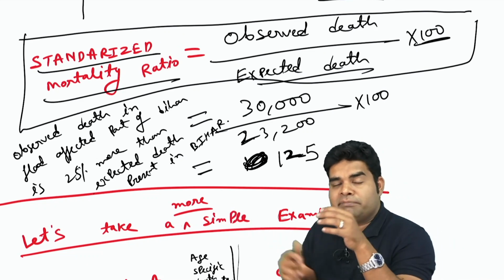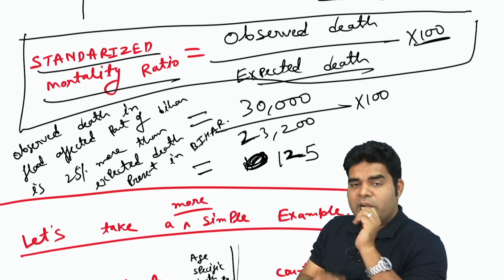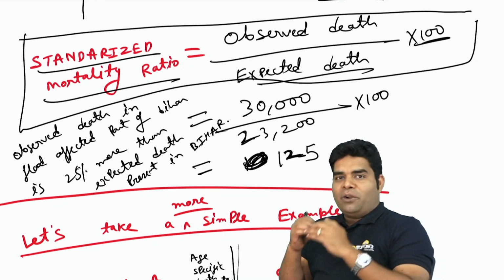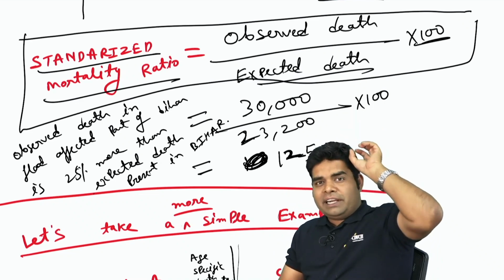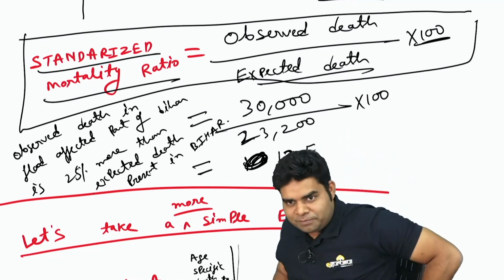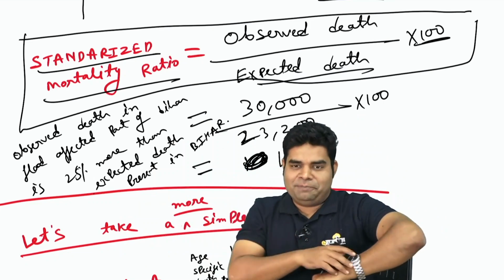In the flood affected part, the death rate is 25% higher. Okay, 125 means as compared to the normal standardized population, in our high risk population, the death rate is 25% higher. So this is indirect standardization.